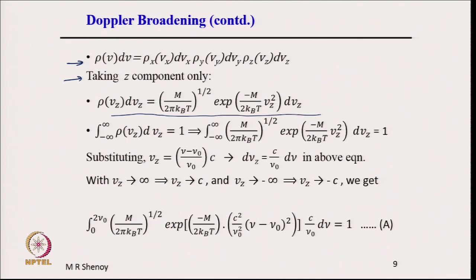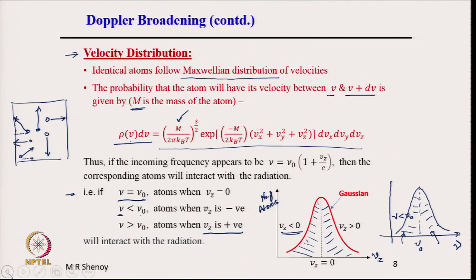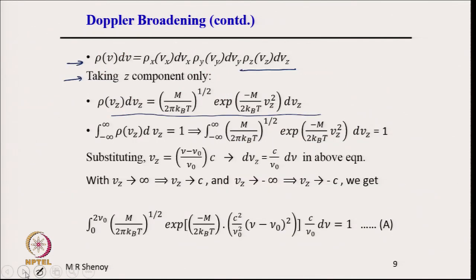We had the exponential term with minus m by 2 kT into Vx square plus Vy square plus Vz square for rho V. Now, we have taken only this part, rho Vz dVz, so that will take only Vz square. We can look back at the expression here, which had Vz square into dVz, Vy square into dVy, and so on. So, it is now split into three components, and therefore we write this.